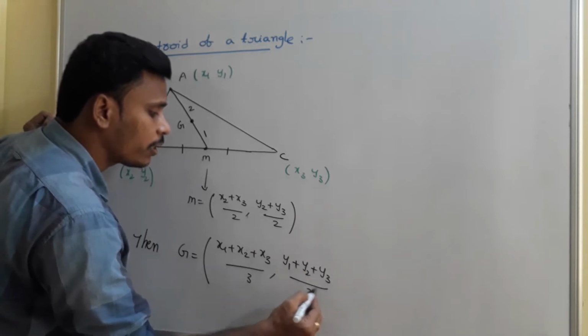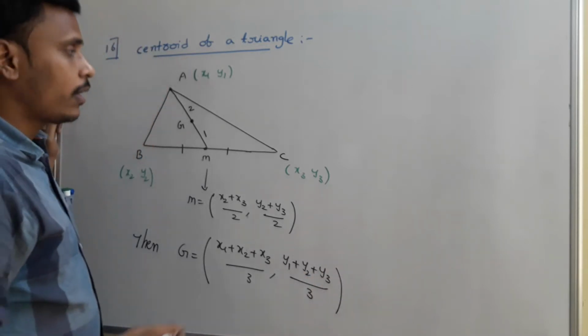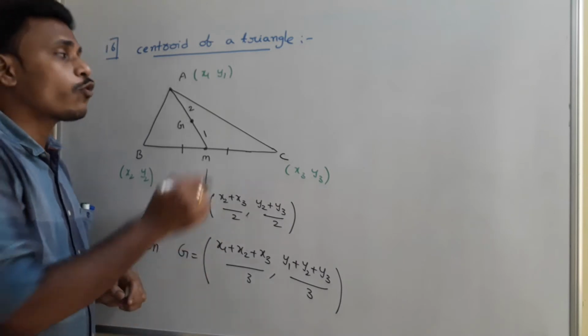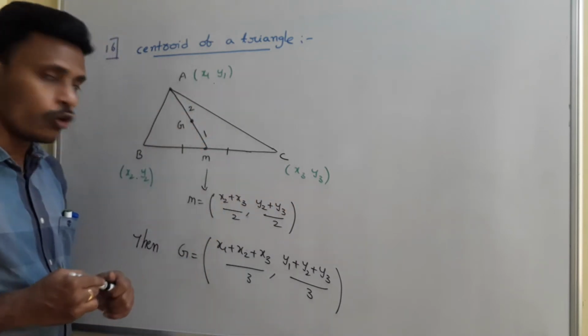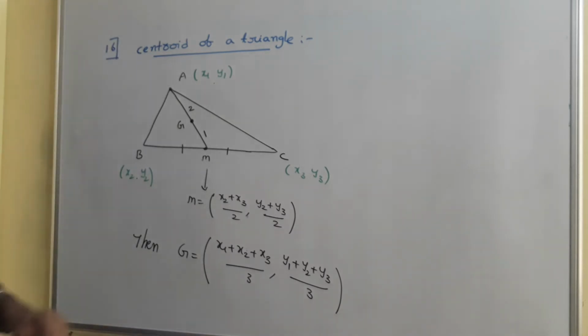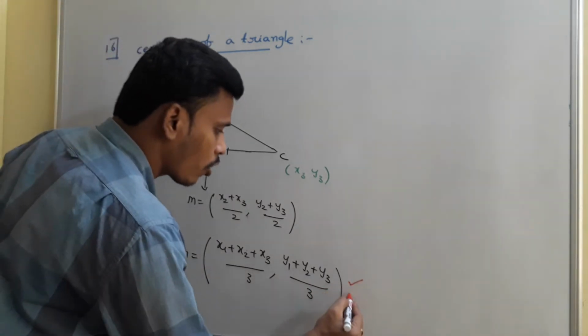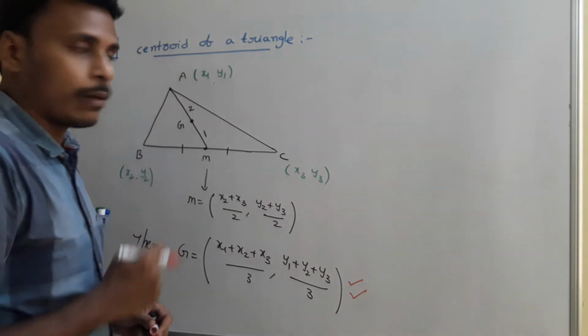I am not mentioning the proofs here. If you have three vertices (x1, y1), (x2, y2), (x3, y3), then we calculate the centroid of the triangle using this formula. Just memorize it.